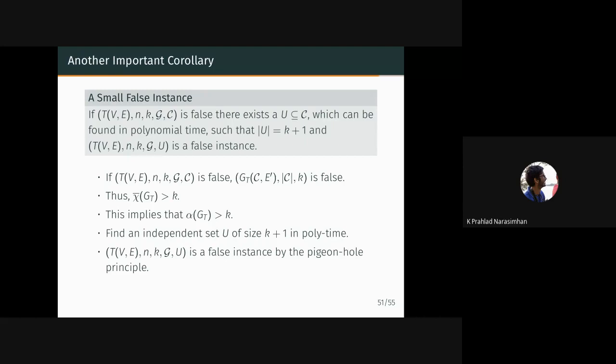But if there exists a guard which sees two vertices in U, by definition they must have an edge between them in GT, which is a contradiction to our assumption that U is an independent set, right? Therefore, all of this leads to a contradiction, which proves that this particular instance is false.